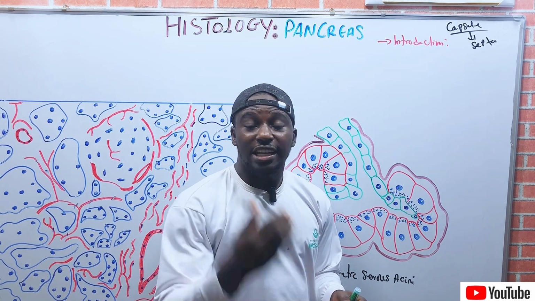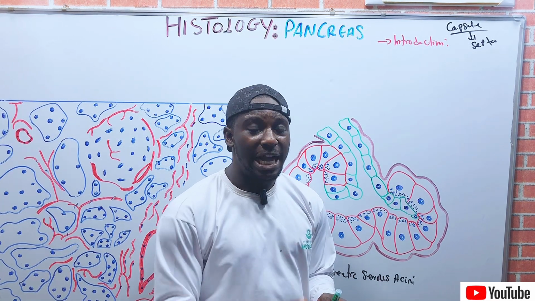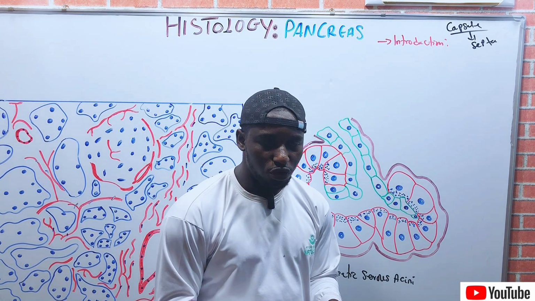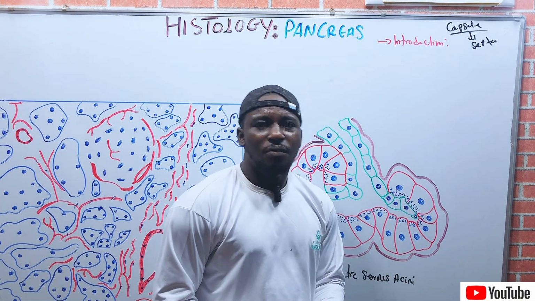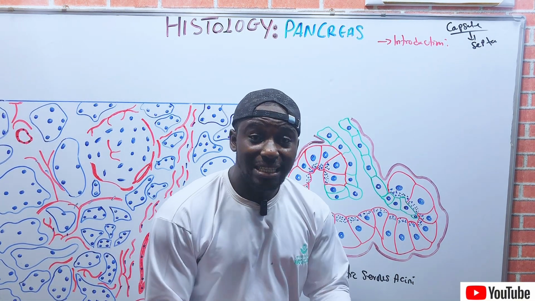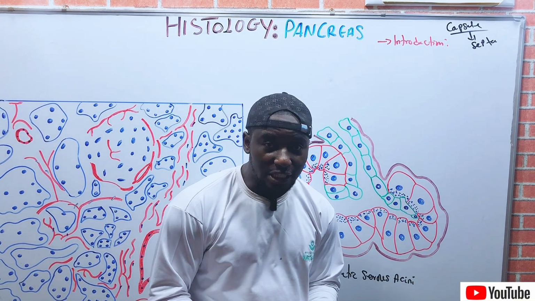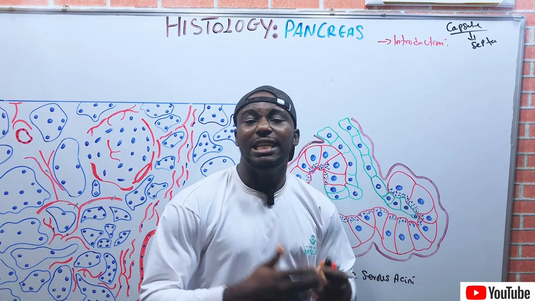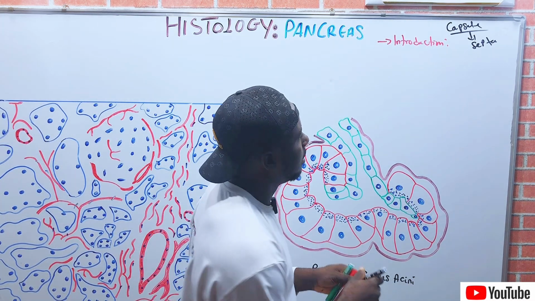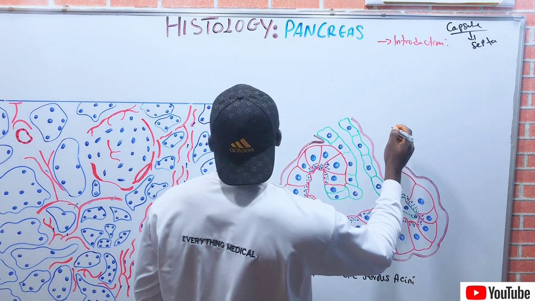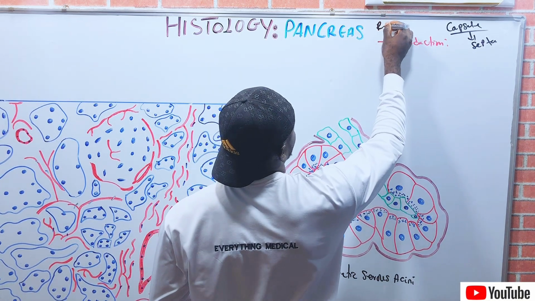Right? It extends inward into the pancreas to divide it into lobules. You have to understand again that the pancreatic islet cells of the pancreas are surrounded by a network of reticular fibers.